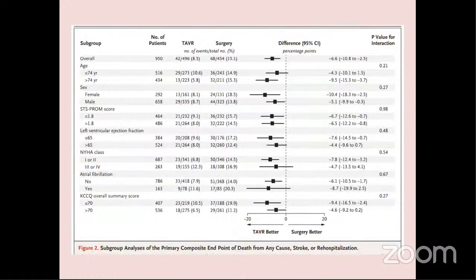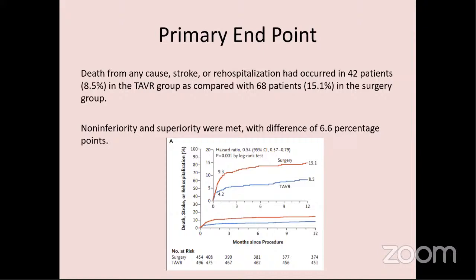So, the subgroup analysis of the primary endpoint. Go back a slide. Okay. I'm just going to explain this briefly. The way they design it, it's a non-inferiority trial, but if the difference is very large, they say it is a superiority trial. I really don't know how I feel about this design, but I guess you can say it.